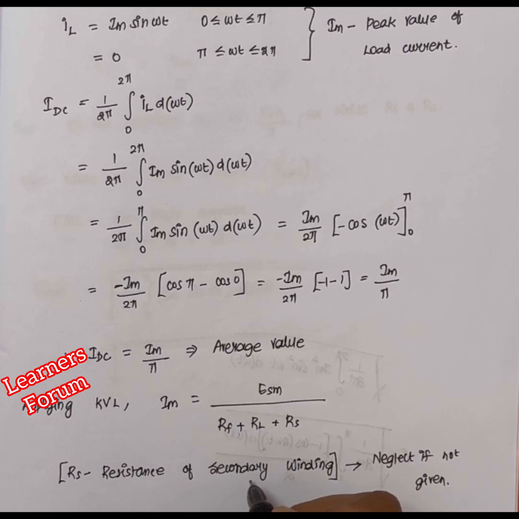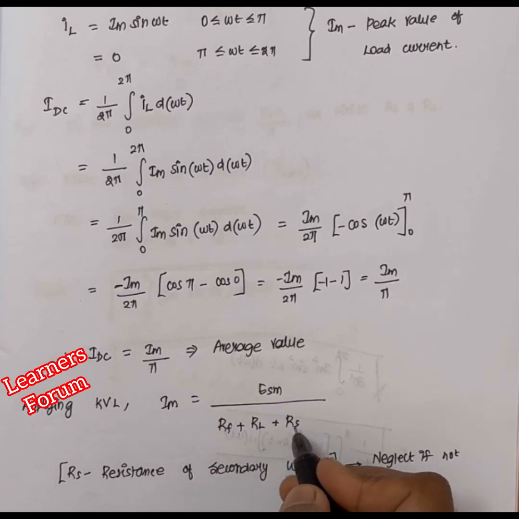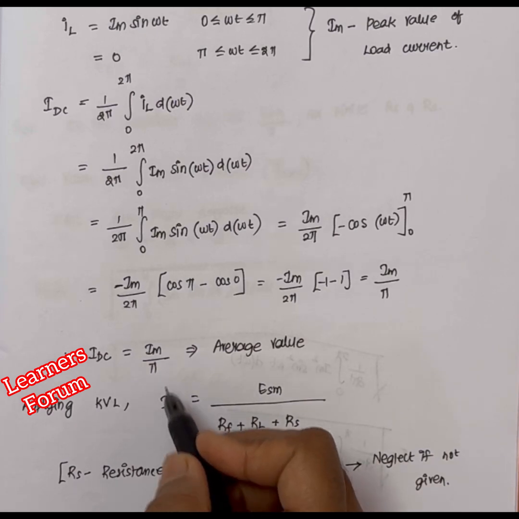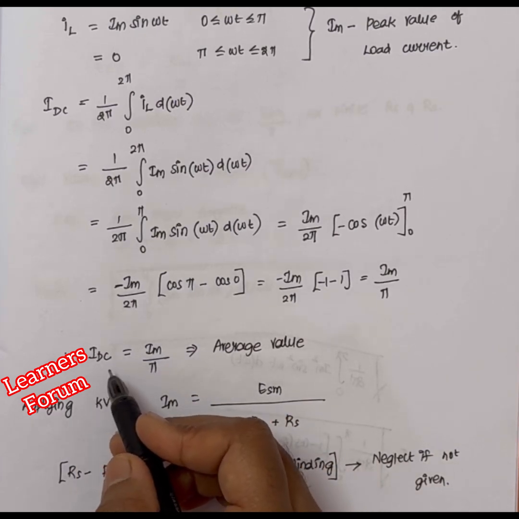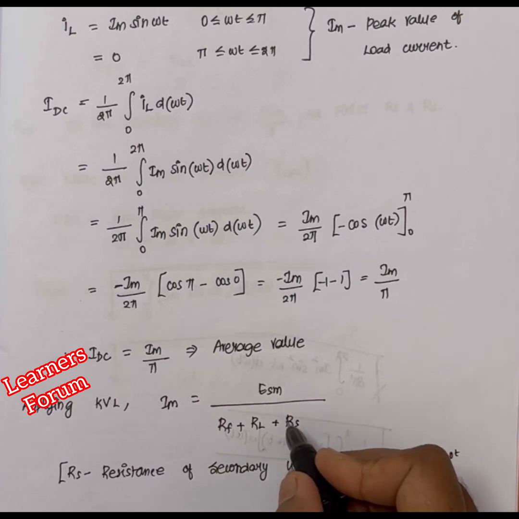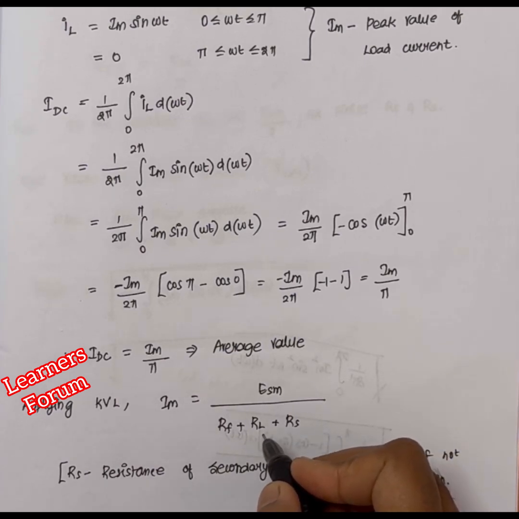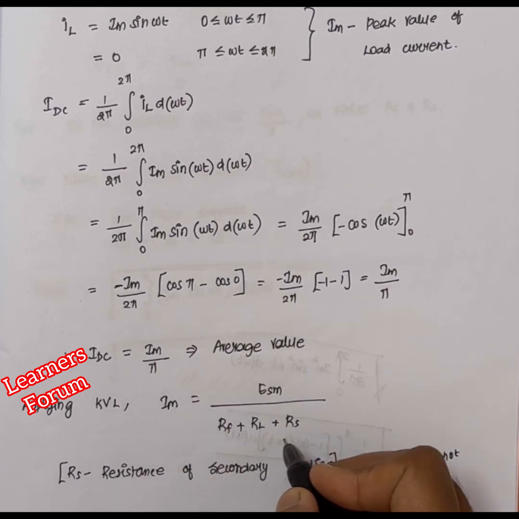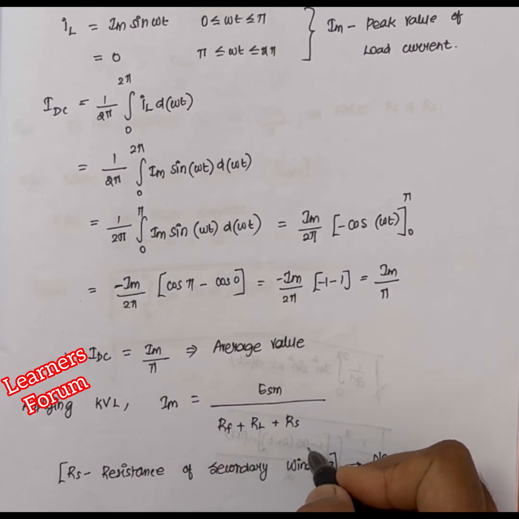If RS is provided, you can use it directly in this formula, substitute the values, calculate Im and divide it by pi to get the average DC load current. If it is not provided, you can simply neglect it and apply the values of RF and RL along with ESM to calculate the required Im. So this is the average DC load current value.